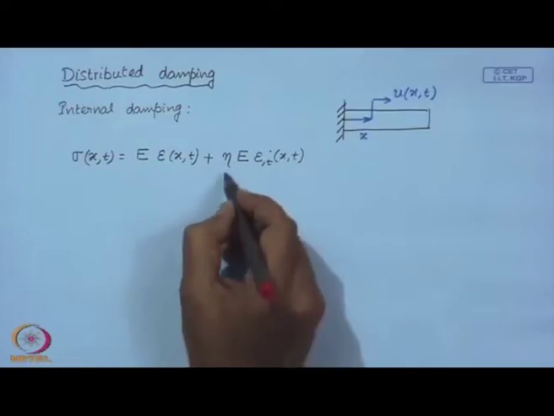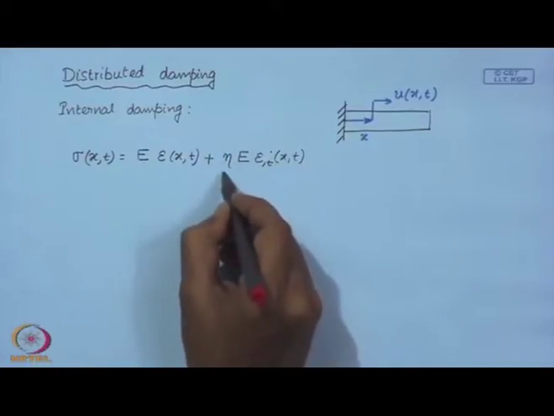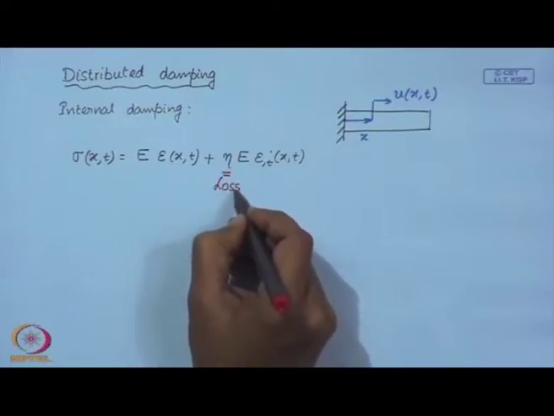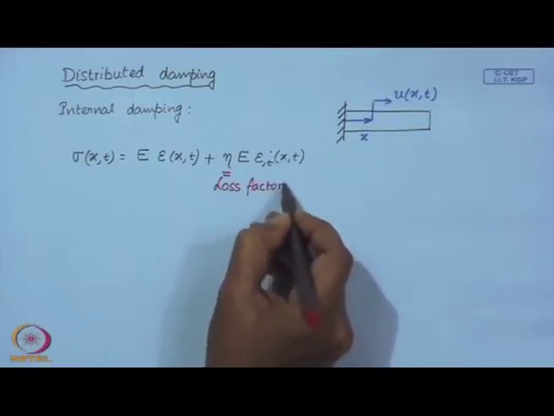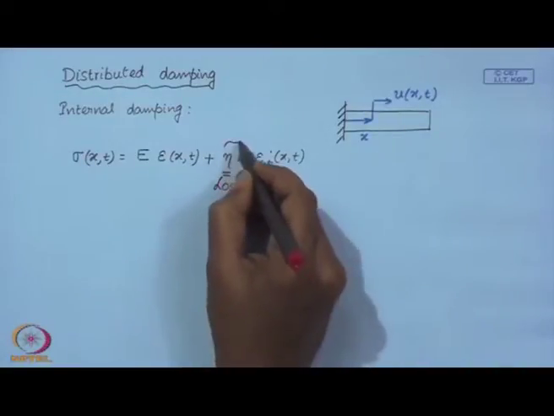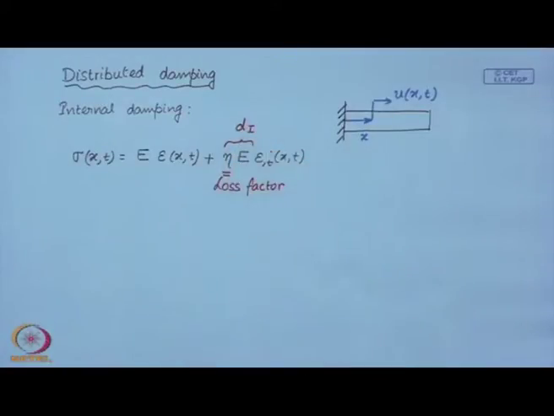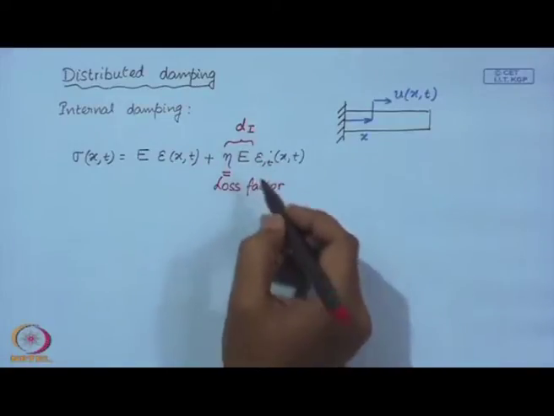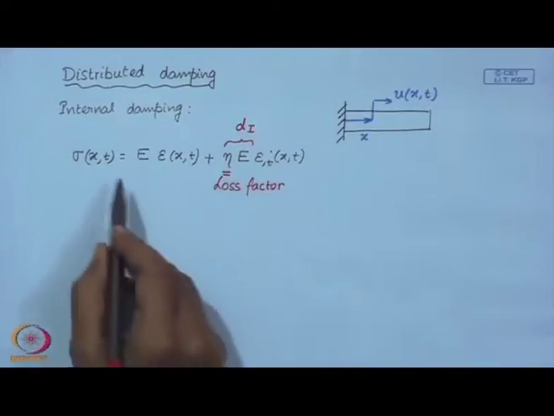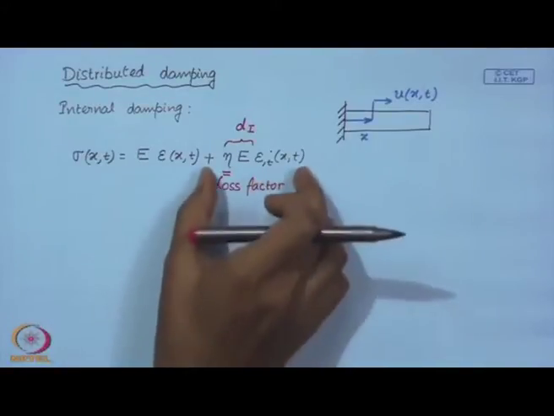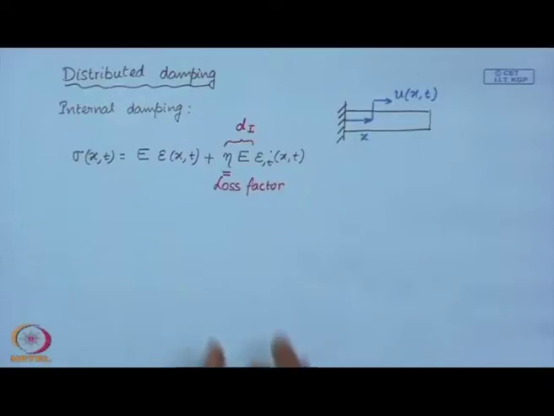Now, this factor is known as the loss factor, and the product of these two terms may be represented as d I, the coefficient of internal damping. So, what we have done is we have introduced in our constitutive relation this additional term, which we will see how this works as internal damping.